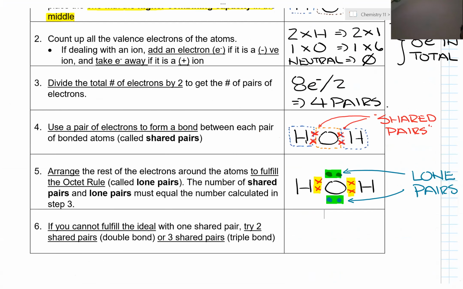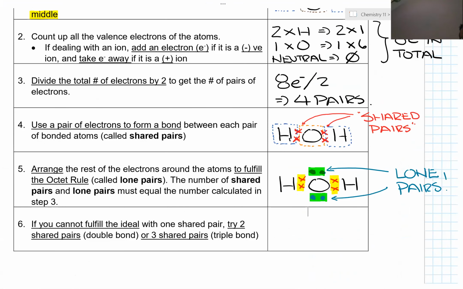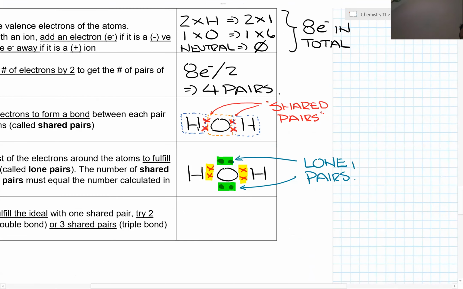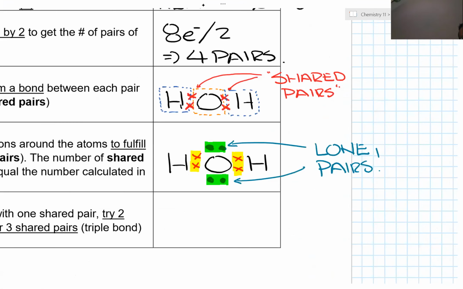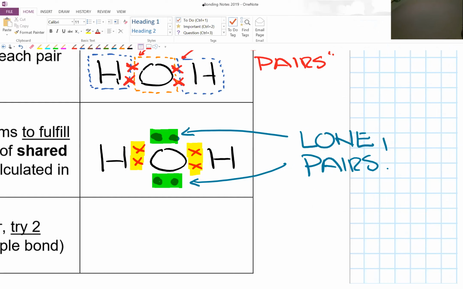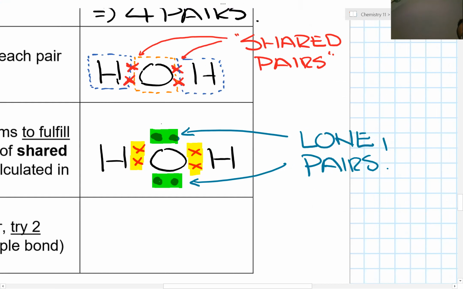Now, you might say, well, Mr. Chan, how did you know that you wanted to put the lone pairs around oxygen? Because remember, we need the octet rule. So if I were to put an imaginary circle around oxygen, what we have is 8 electrons around oxygen. Remember, hydrogen, we only need 2.